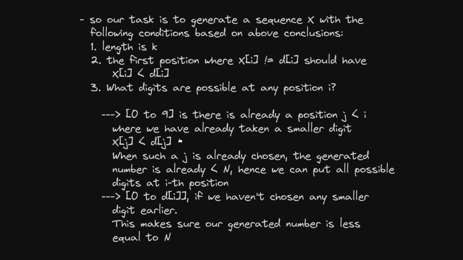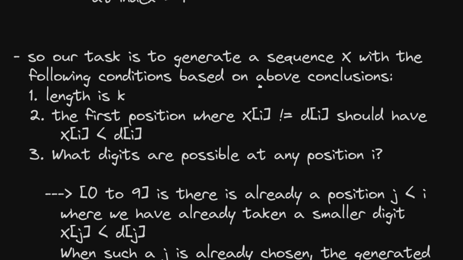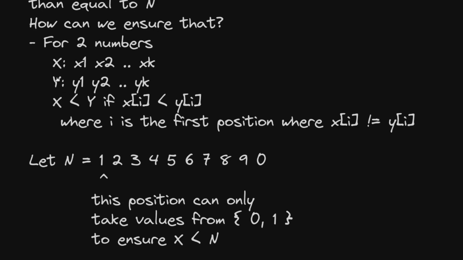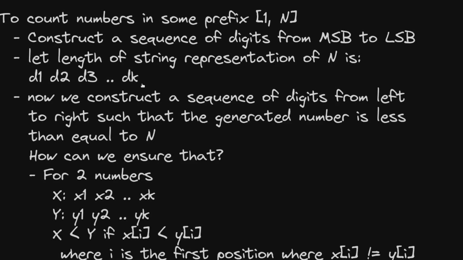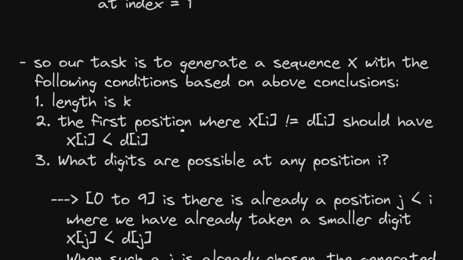So let's go through what we have seen. Our task is to generate a sequence x, as we were doing here, which has a length k. The first position where those digits differ should have the digit in x less than the digit in the given number n.